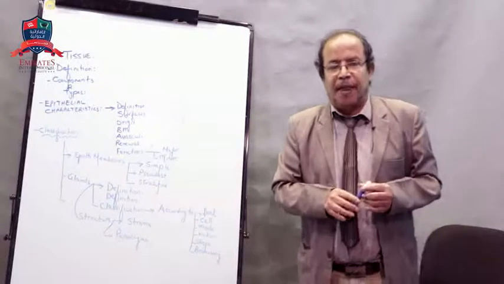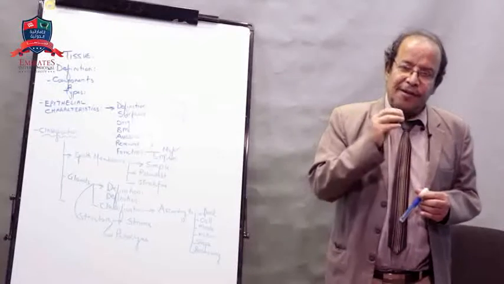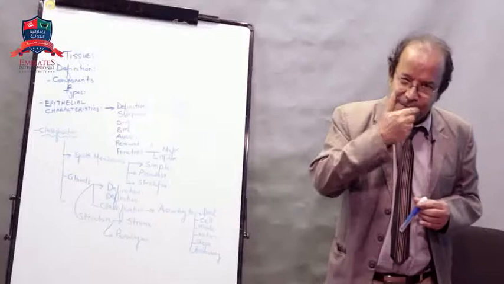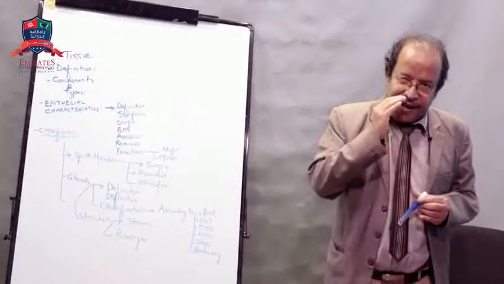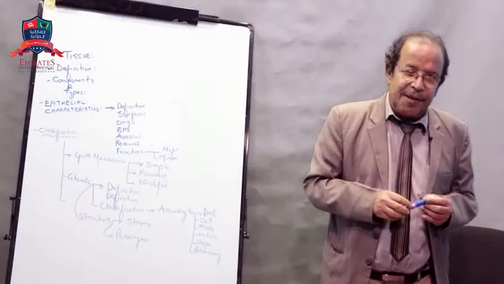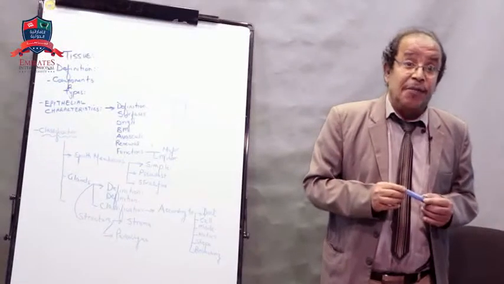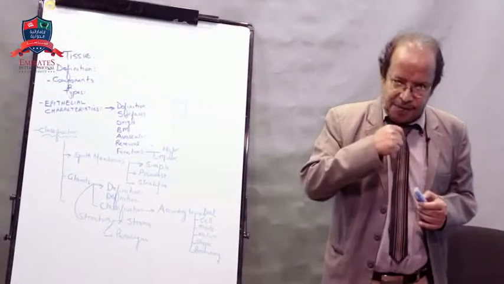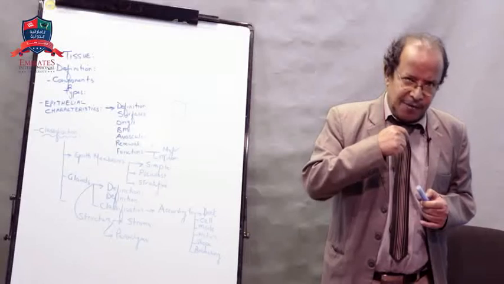For example, if you go to the oral cavity, you will find that the oral cavity is covered by moist epithelium or moist mucosa. The first layer of this mucosa is known as the epithelium. Now this epithelium is originally from the endoderm. You go to the esophagus, which is part of the GIT. They originate from the endoderm.